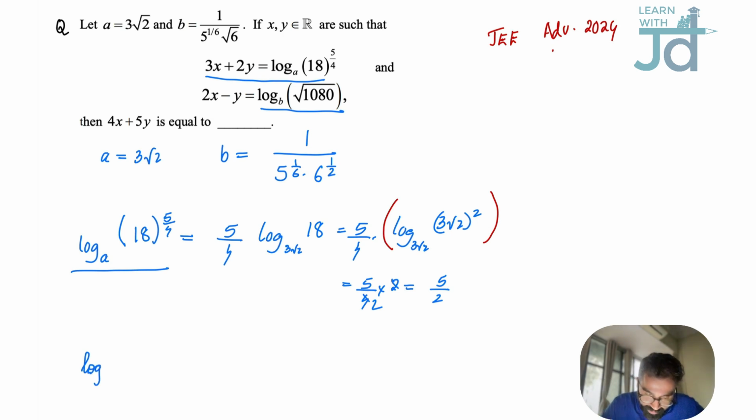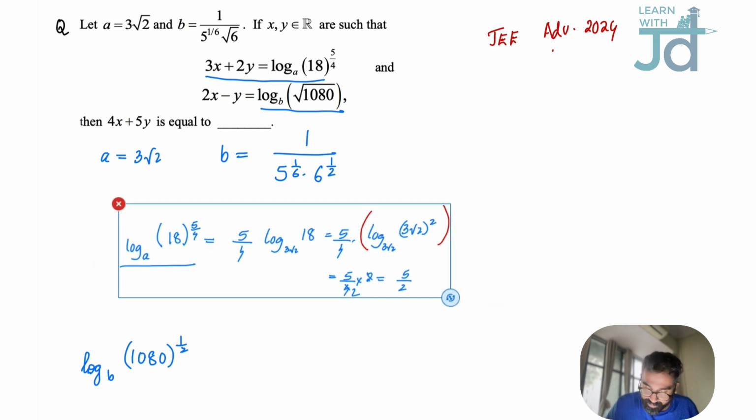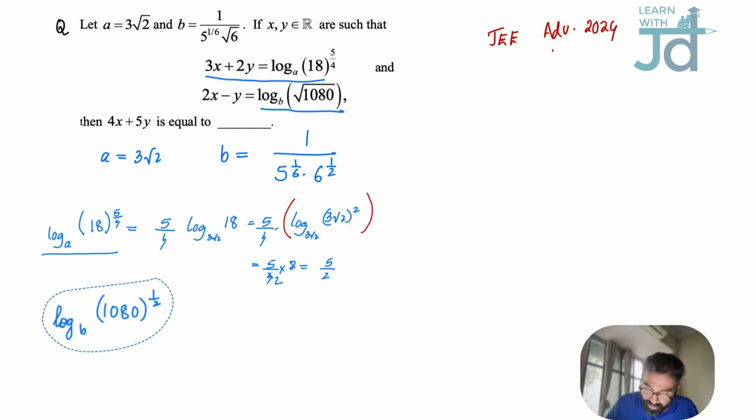So here the next quantity is 1080 raised to 1 by 2 to the base b. And the base b is what? It's very weird, this quantity. You have to somehow get a relation between 1080 and this. There is no other choice. If you don't get it, then we will not be able to solve this problem. So let me resize this.